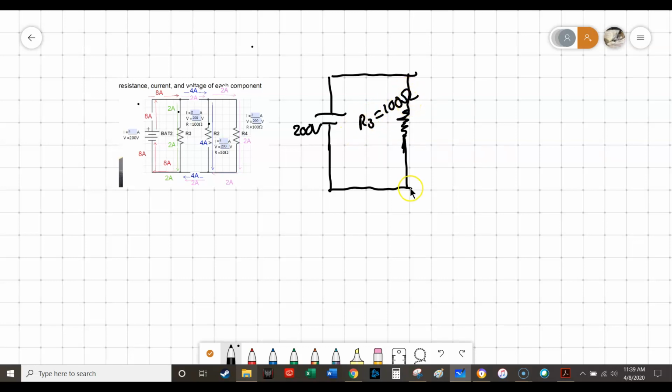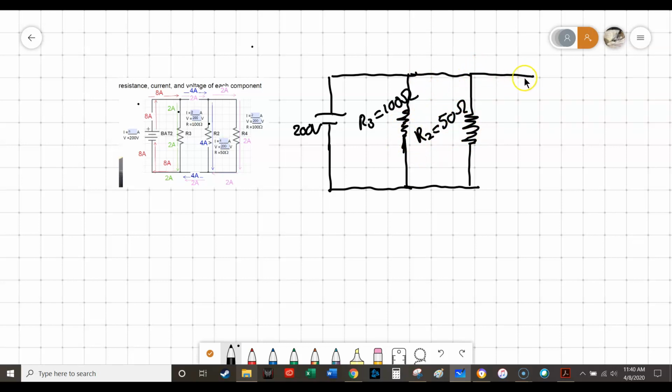Okay. We're going to draw another resistor here, and that is going to be R2, which is 50 ohms. And so this is R2, this is R3.